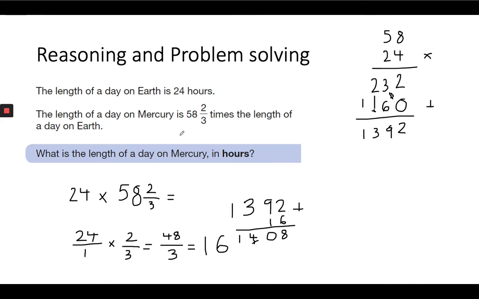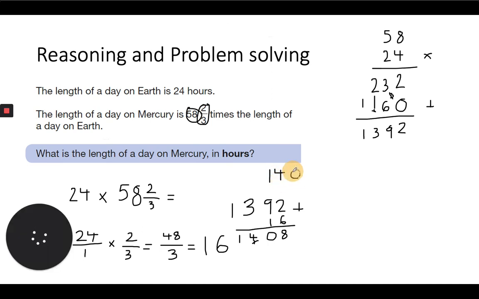So the length, so I've taken my 24 hours, I've multiplied it by 58, and I've multiplied 24 by 2/3. I partitioned it both, and then I've added them together. And so my total is 1,408 hours. Okay, remember to include the context.